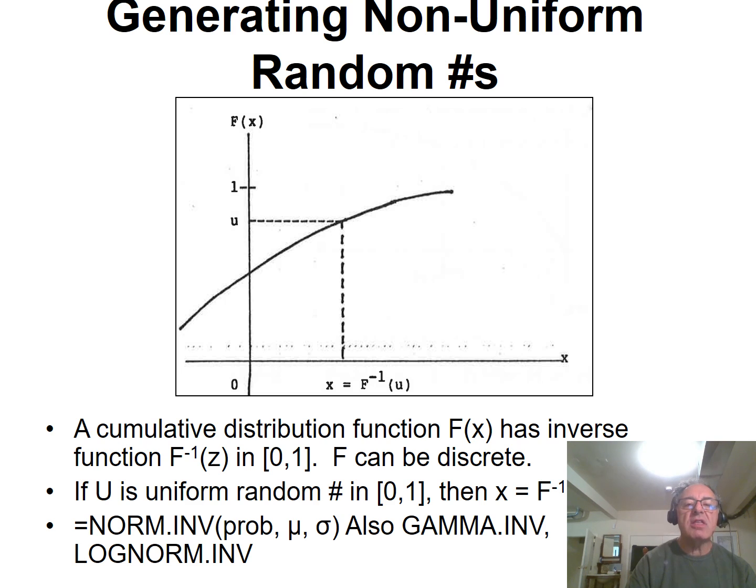If you're able to take the inverse of that function, so starting with numbers between 0 and 1 as your domain, if you can map them back through capital F inverse, now you've created non-uniform random numbers obeying the probability distribution of capital F.